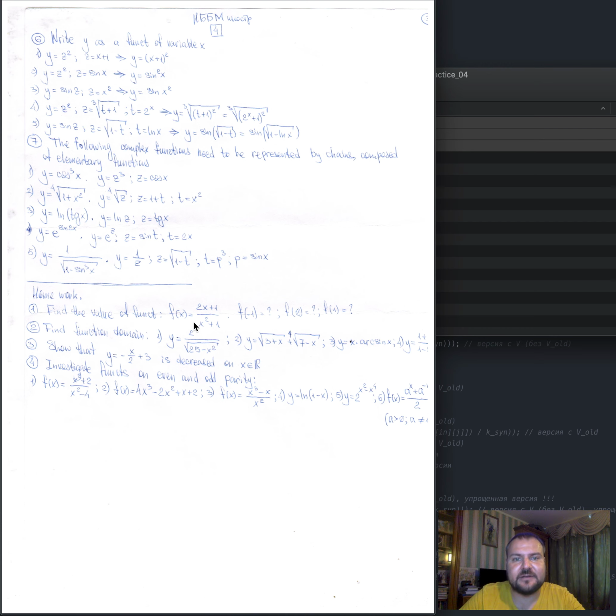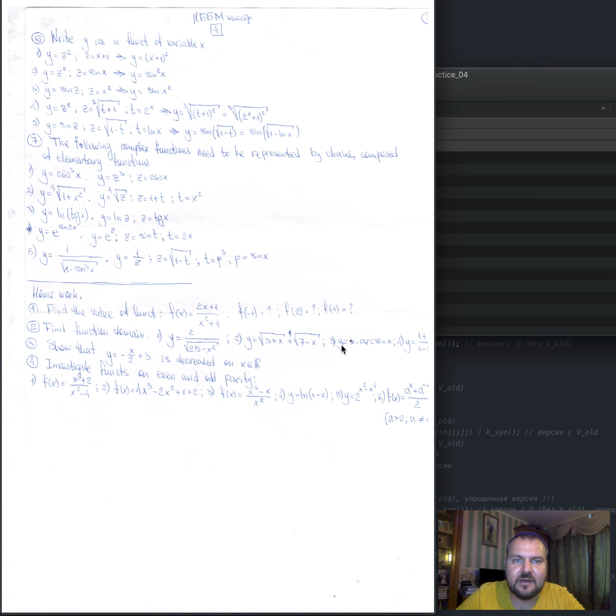First, y equals 2 divided by the square root of (25 minus x squared). The second, square root of (3 plus x) plus the fourth root of (7 minus x). The third example, y equals x multiplied by arcsine x.